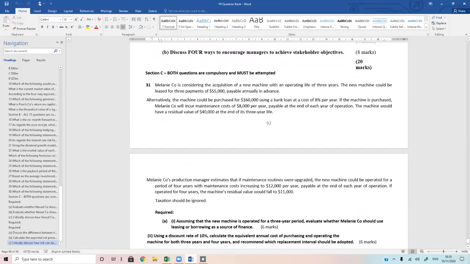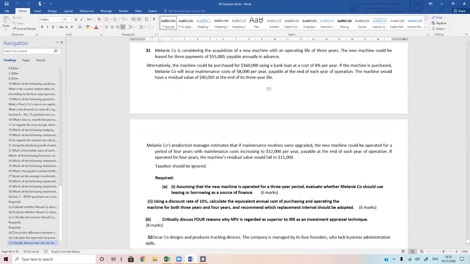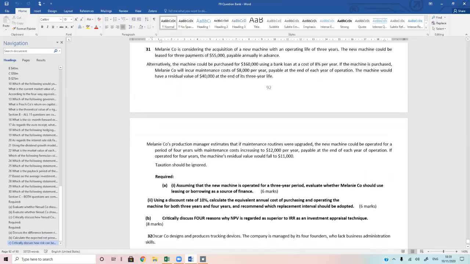This is Melanie Company, page 92. So Melanie Company, page 92. You can do part A. Yeah, we do part A. In this question, you evaluate whether the company should lease or should buy.